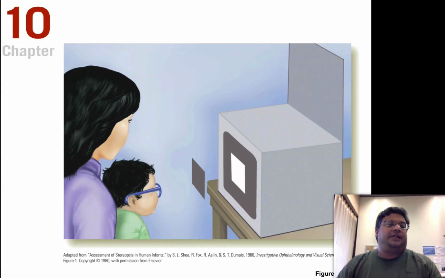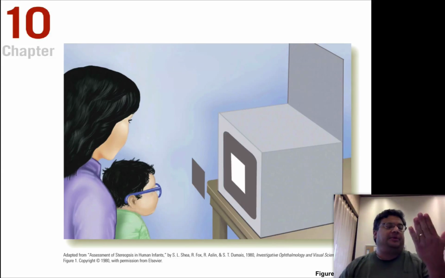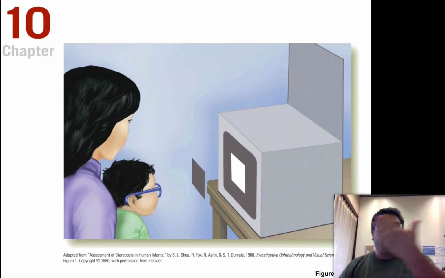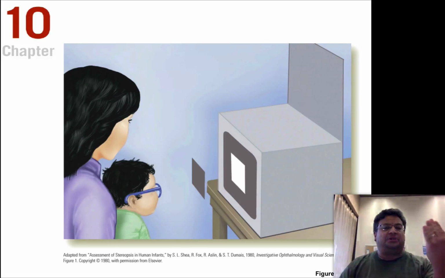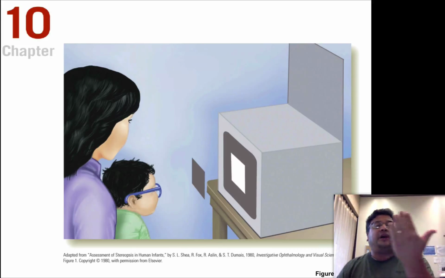So here we have an example of an experiment where the baby has special glasses that will enable it to see 3D, and we have this illusion of a square floating in front of a box. If the baby is able to see in 3D, what they've done is they've changed the picture so that it looks like the square is moving. And if they can see in 3D, they will follow the square.